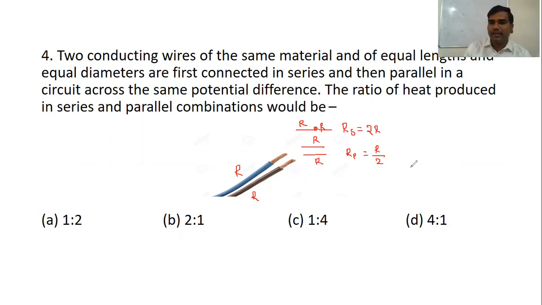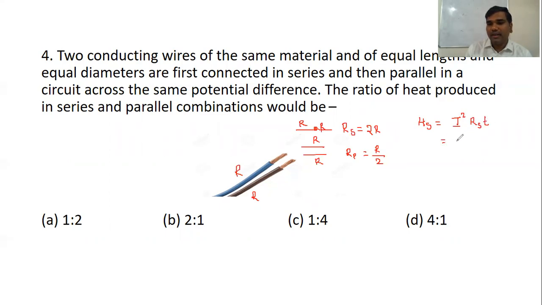So in parallel it is R by 2. Now the heat produced in series: we use Joule's law of heating effect, that is I square RT.